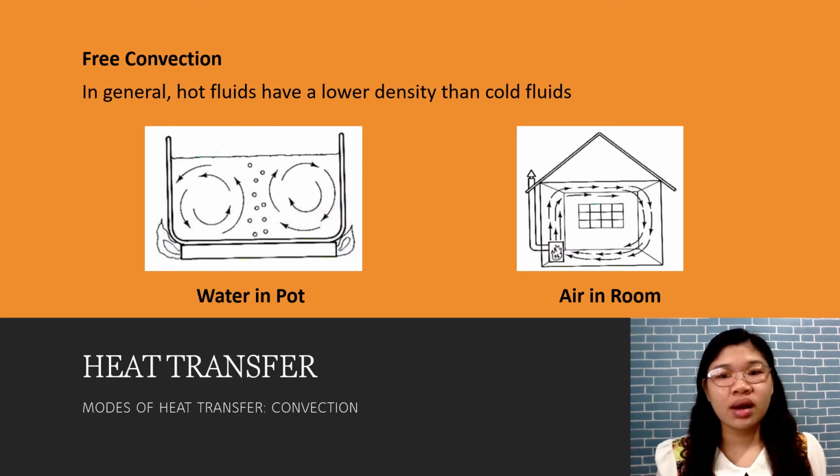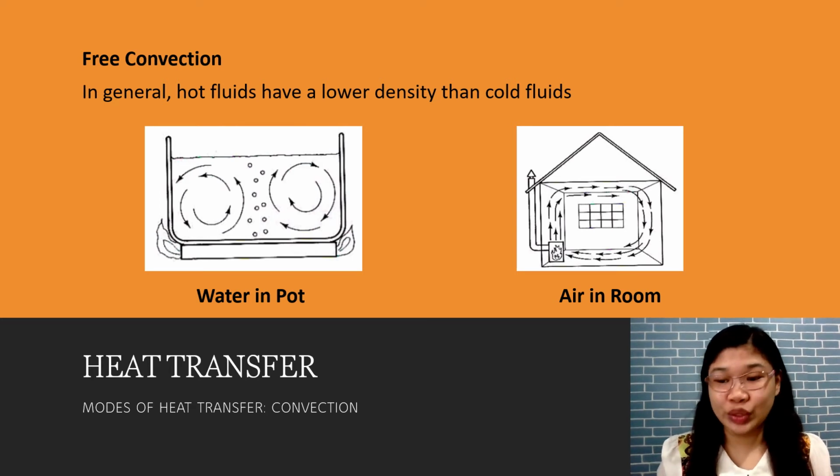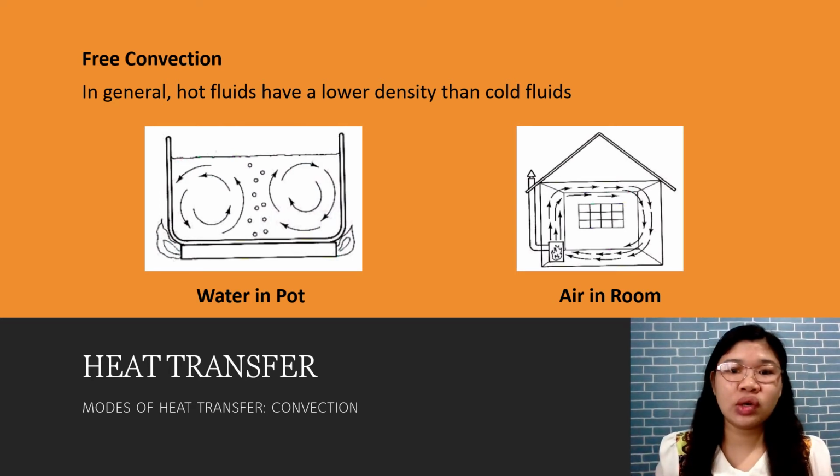And here, the air in the room, or hot air rising above a fire. Of course, a fire also produces heat. So there is also, as you can see, a pattern created there by the fluid.